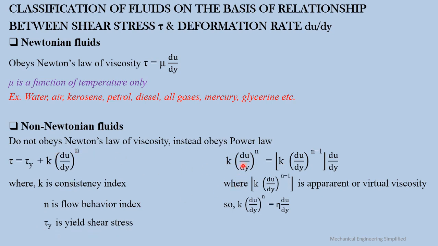This k into du by dy to the power n can be written as eta into du by dy, where eta equals k into du by dy to the power n minus 1, the apparent or virtual viscosity. This is for non-Newtonian fluids, and this is the power law.